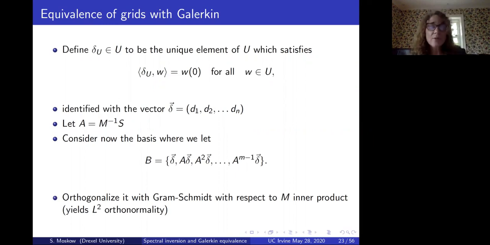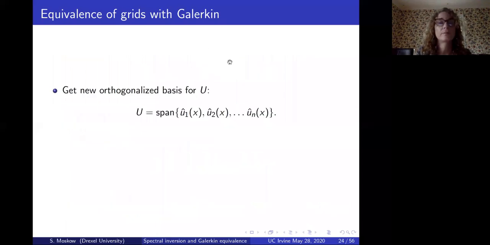And now let's do Gram-Schmidt orthogonalization with respect to the M inner product on this basis. Orthogonalizing with respect to the mass matrix gives us continuous L2 orthonormality. You can check that. So once we orthogonalize, we get a new orthogonalized basis for U.